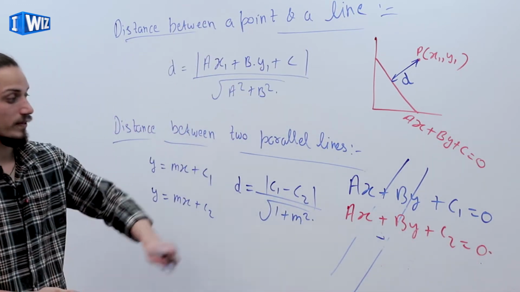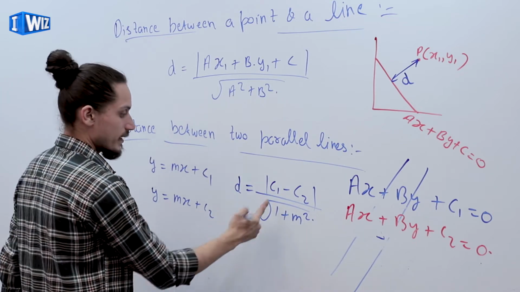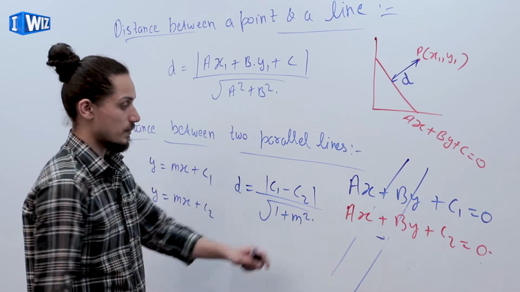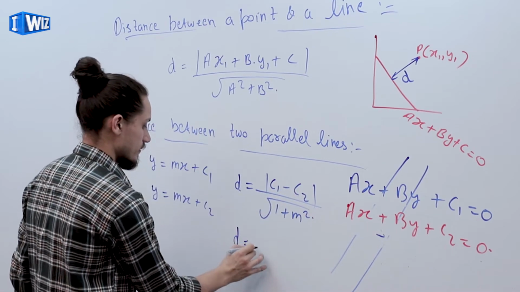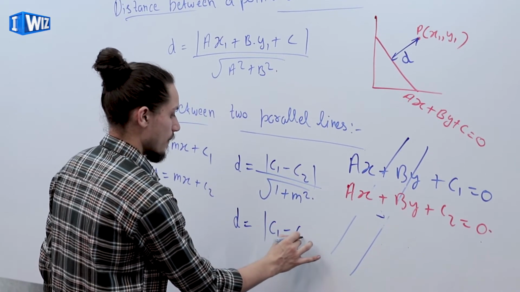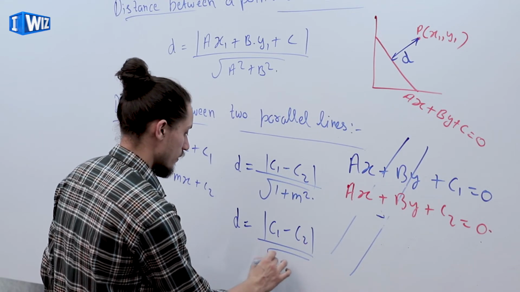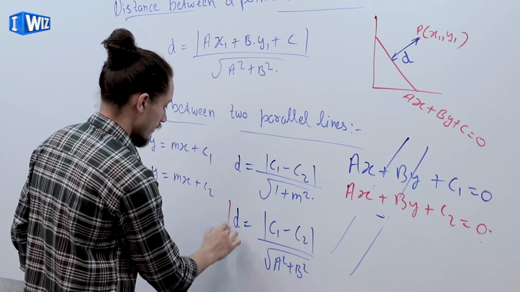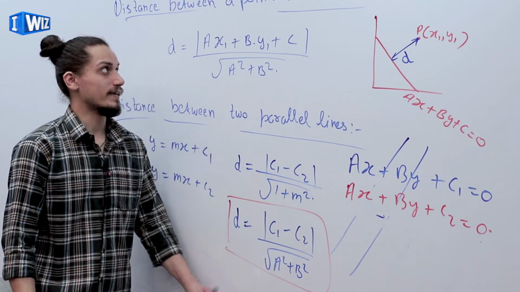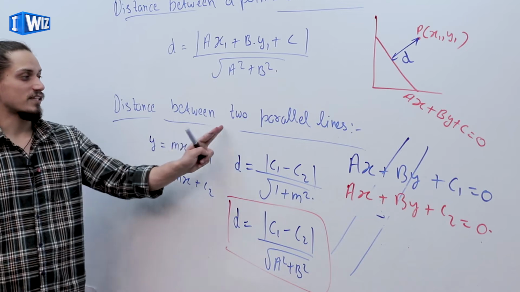So distance between these two lines will be equal to, ये फॉर्मूला भी चलता है but we need to simplify it to in the form of general equation of line. So we'll write d is equal to mod of c1 minus c2 upon under the root a square plus b square.